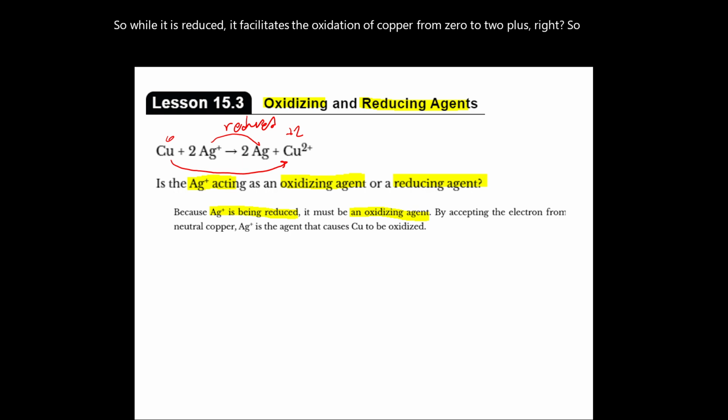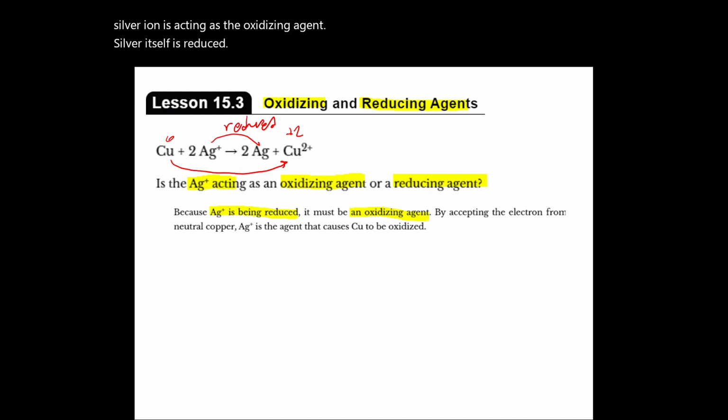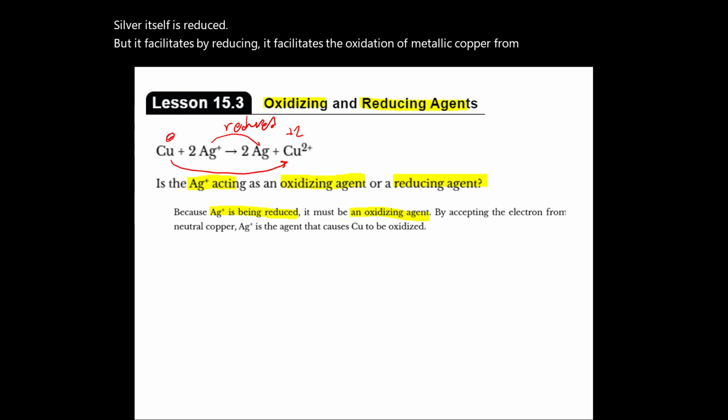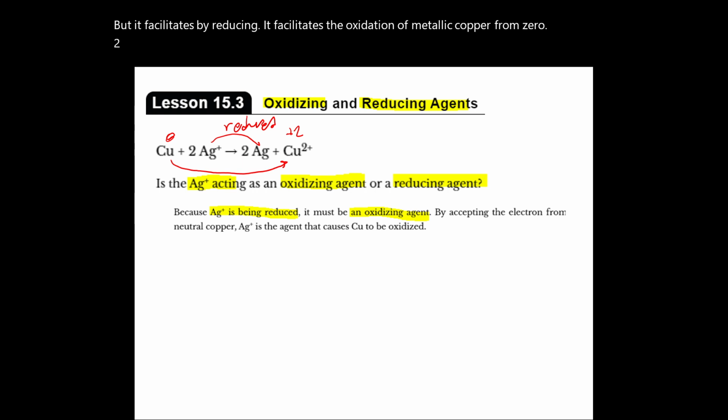So the silver ion is acting as the oxidizing agent. Silver itself is reduced, but by being reduced, it facilitates the oxidation of metallic copper from 0 to +2.